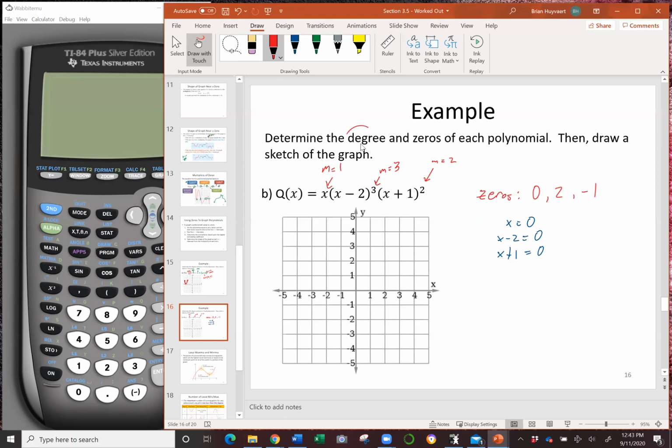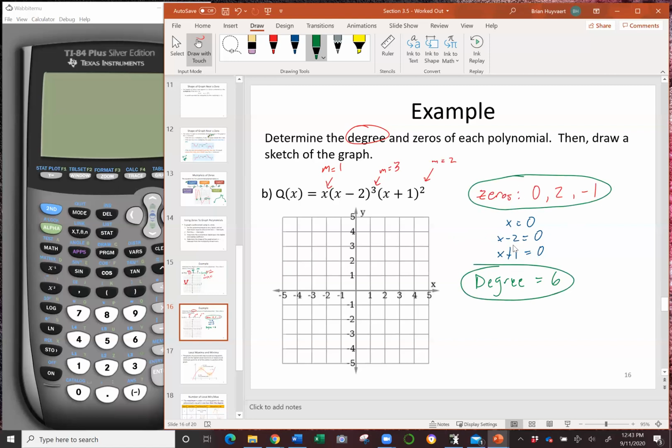So if we want to determine the degree of this polynomial, it is 6. It's the sum of all these multiplicities. Basically, what's our largest power of x if I were to multiply all this stuff out? But please don't actually multiply all that stuff out, it would take a lot of time and wouldn't be worth it. The zeros of the polynomial, well, we found all of those zeros, so we're good to go.